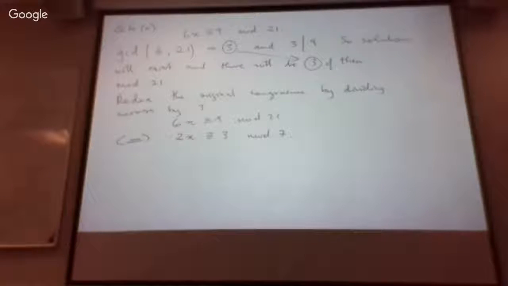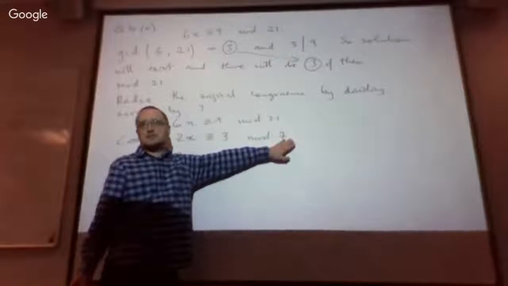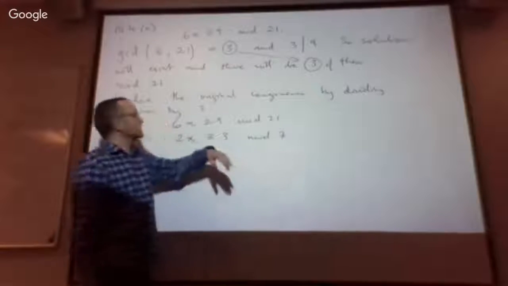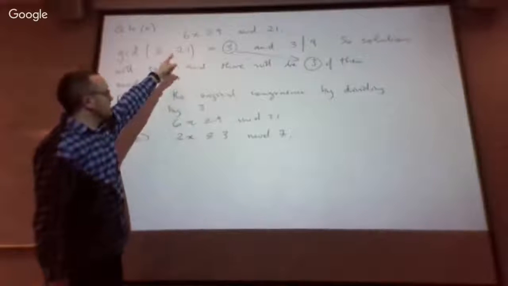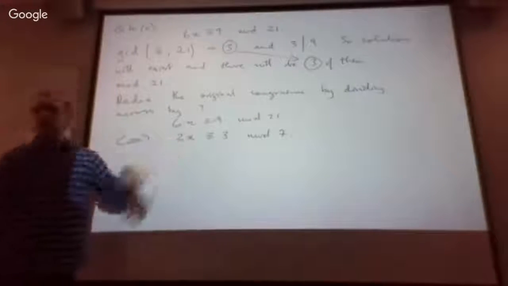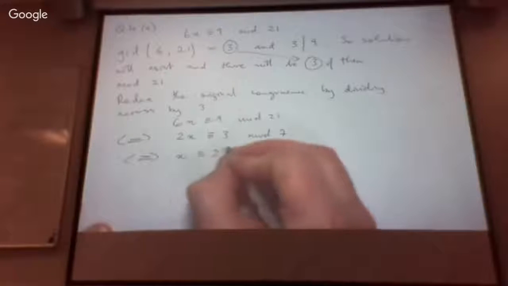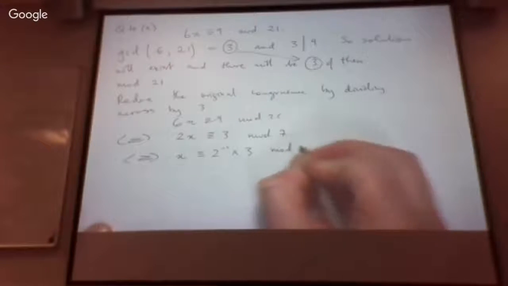And because you've divided by the greatest common divisor, this 2 is now co-prime to the modulus, okay? Because whatever greatest common divisor the coefficient of x and the modulus had, you've now removed it. So this 2 is now co-prime, so it has an inverse modulo 7. So the solution x is just going to be the inverse of 2 multiplied by 3 modulo 7.